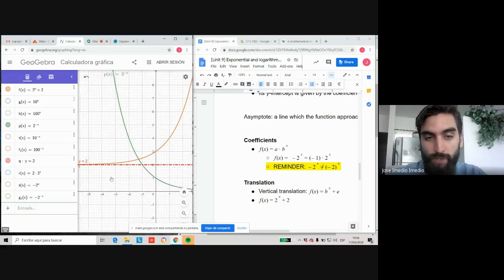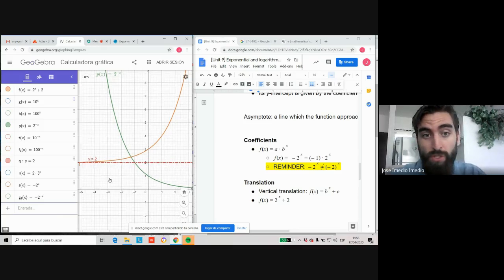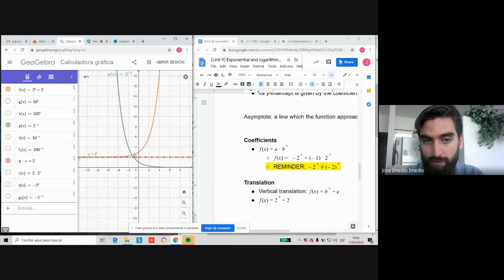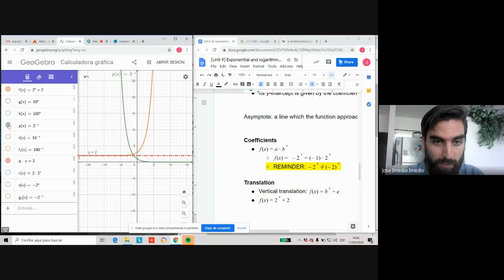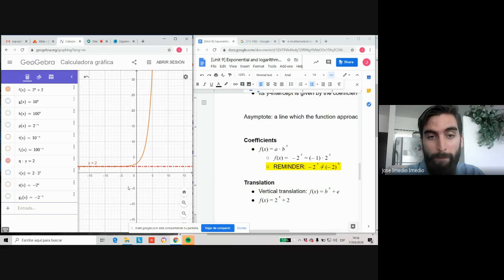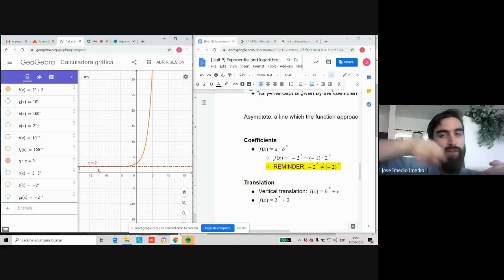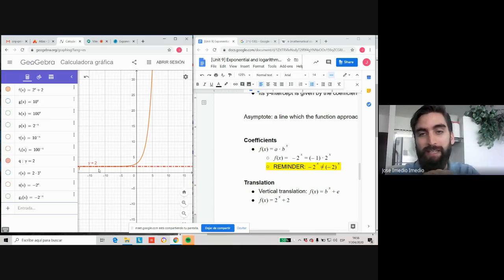Y equals 2. So what happens here is that my asymptote is moved. My asymptote changes. So now, instead of having my asymptote, that line that the function never touches, on the axis, it's at y equals 2.